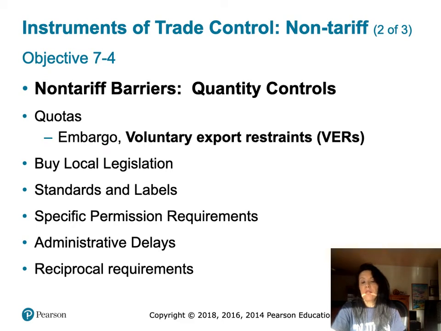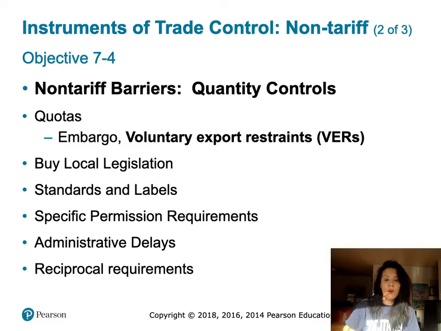So there can also be reciprocal requirements. Governments may require that foreign suppliers accept products in lieu of money. Okay? So governments in different parts of the world may require that foreign suppliers accept products instead of money.